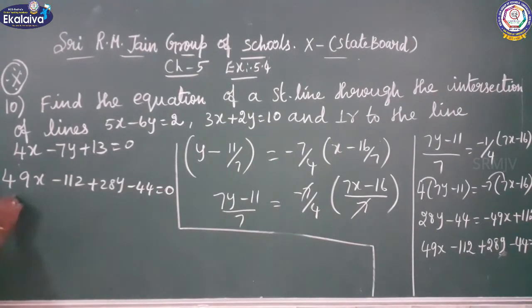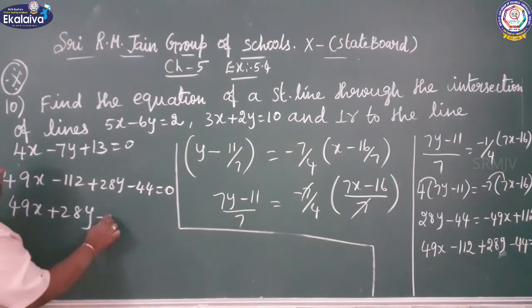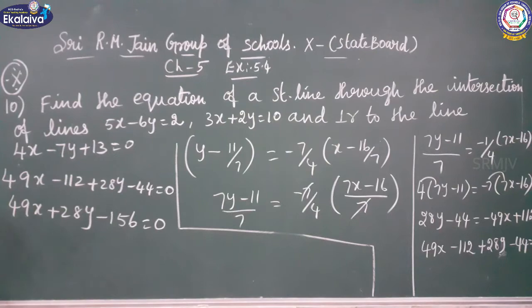So 49x plus 28y, you add these two values, you are getting minus 156 equal to 0, is the equation of the straight line perpendicular to the line.